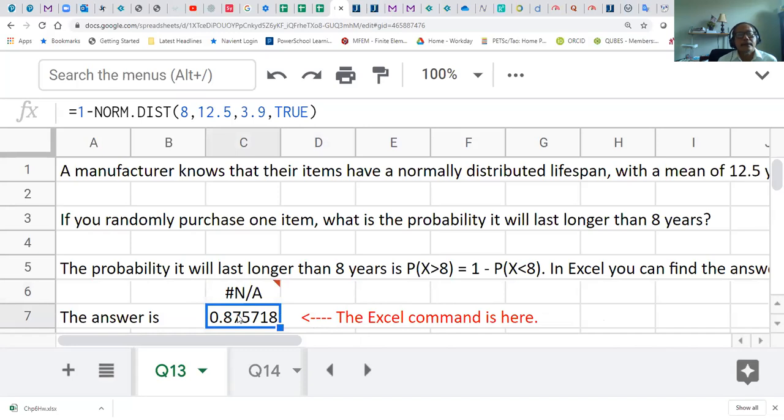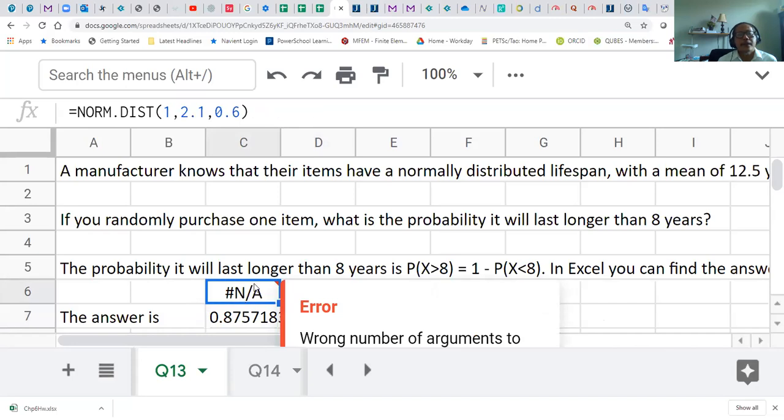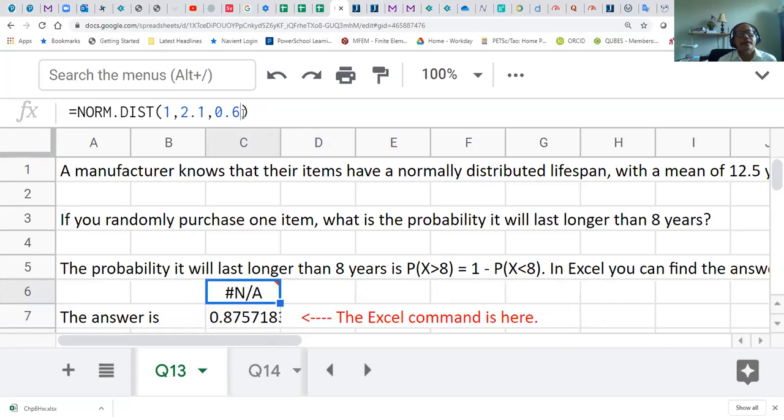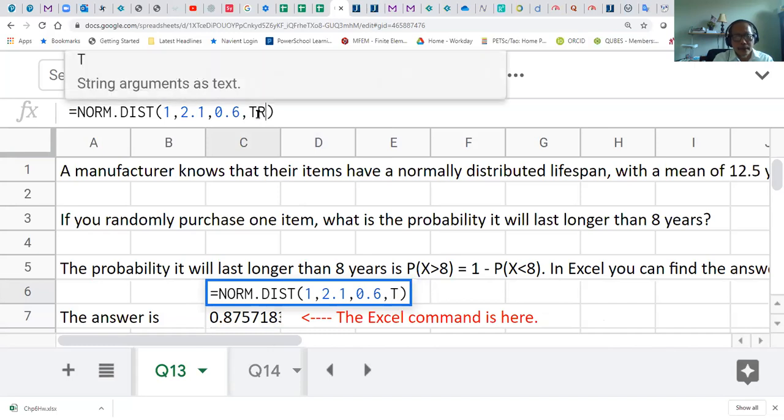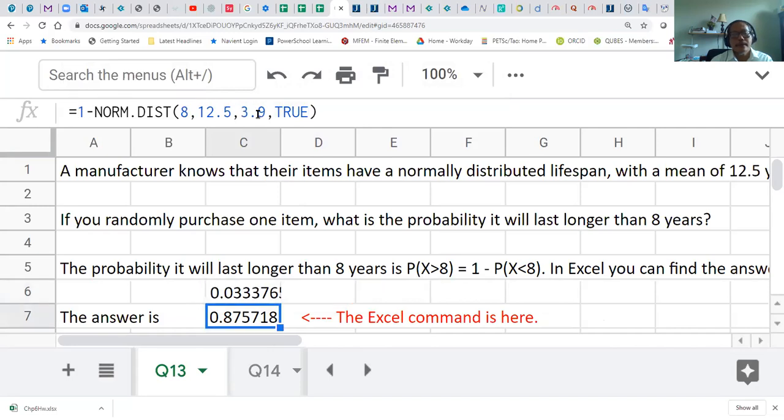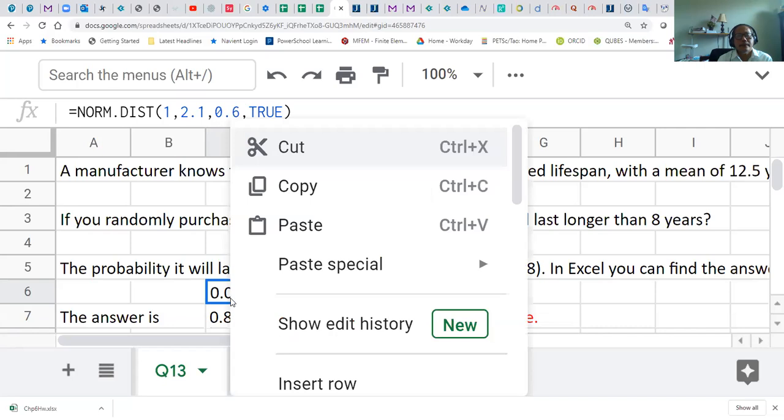For this one, you need to put true. I don't know why. Maybe for standard deviation, you don't need to put true, but for this one, you need to put true. Okay, so this will be the answer. For less than 1 year, you don't need to subtract from 1, right? Is that right?